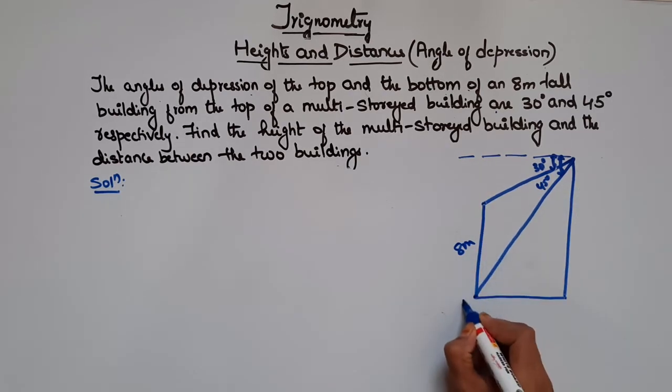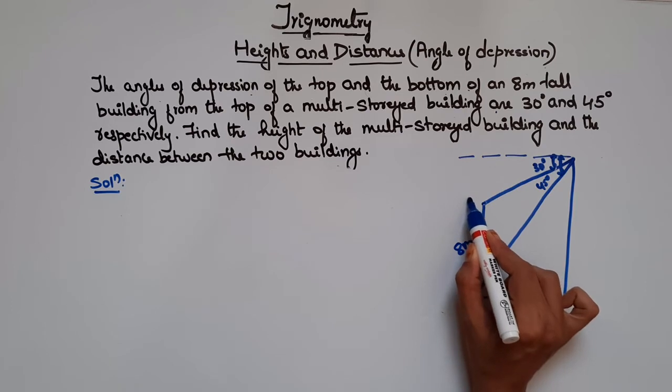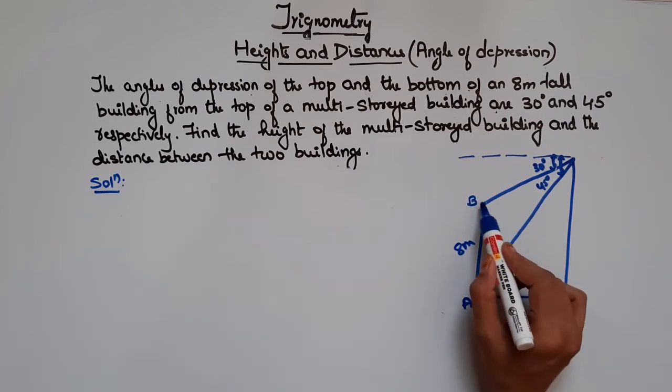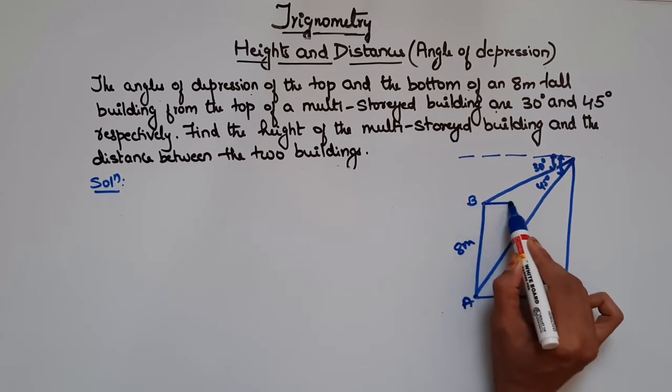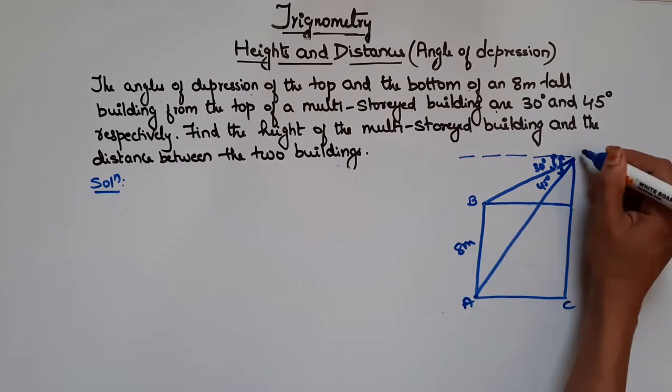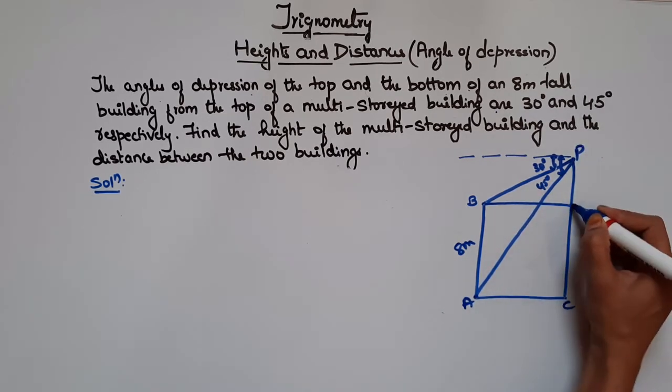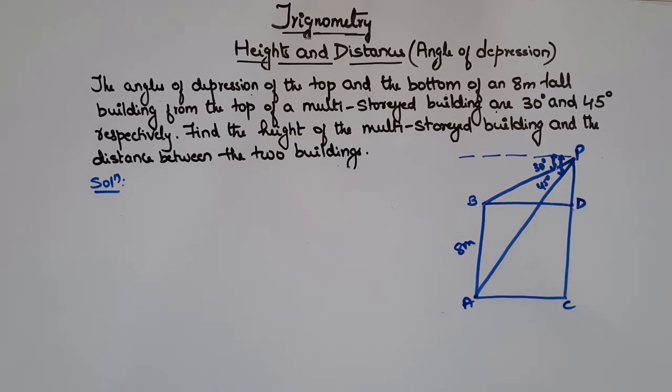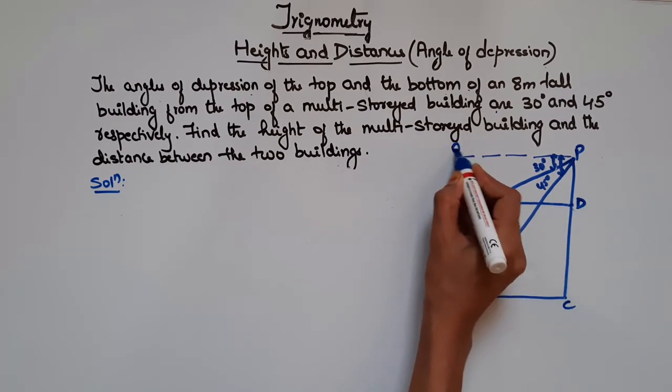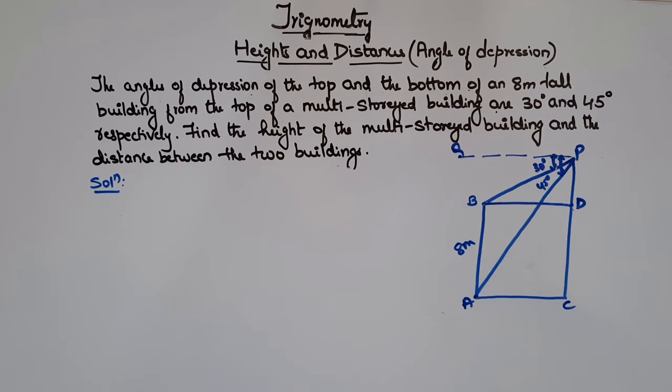So now let's take this AB as an 8-meter tall building. Let's draw a line from point B perpendicular to CP. Let's take this point as D, and let's take this point as Q. First let's write that in words.